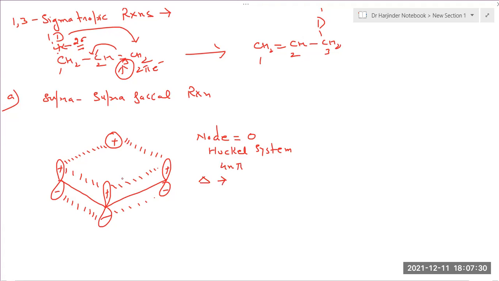So it is a 4n pi system. So under thermal conditions, is this transition state aromatic or anti-aromatic? Huckel system with 4n pi electrons is aromatic or anti-aromatic? Anti-aromatic. That's the same result we obtained in the second method, the FMO method.